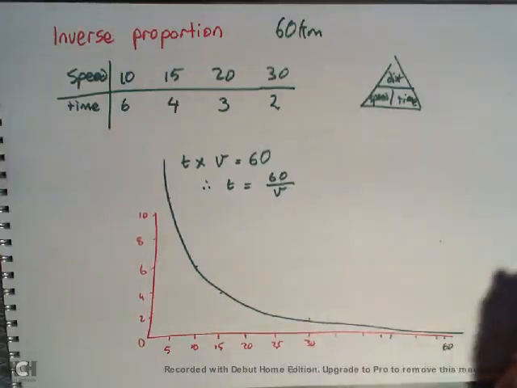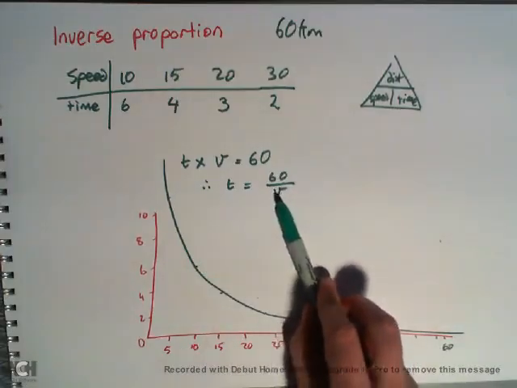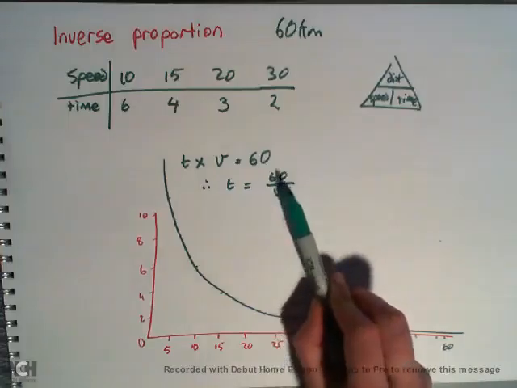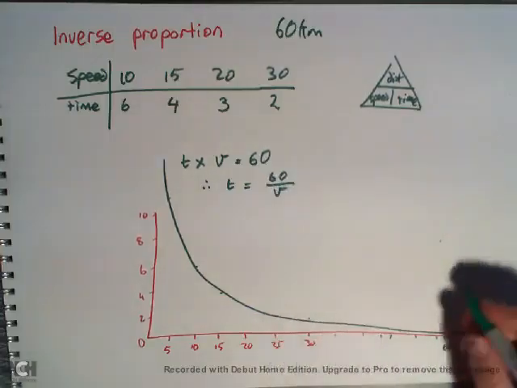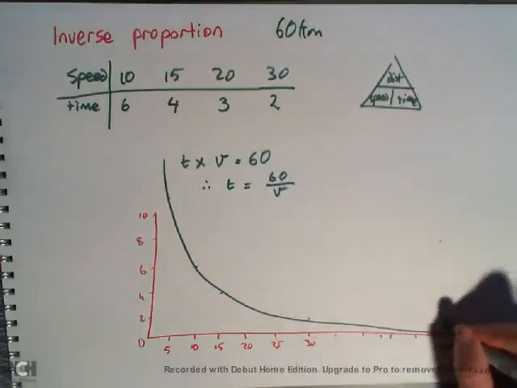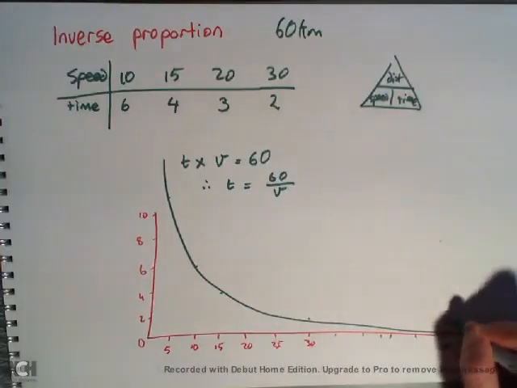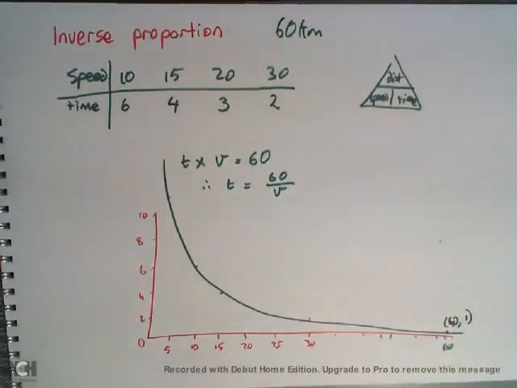So what happens at 60? Put that in. Our velocity is 60, and 60 over 60 is going to be 1. So we get the point 60 and 1. And here are our other points. I'm not going to label them.